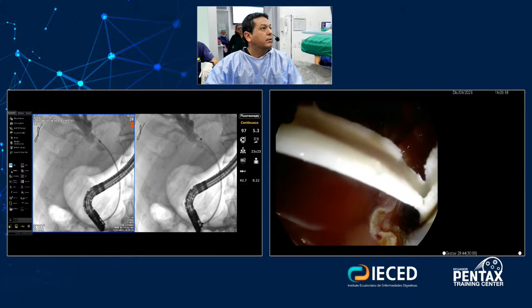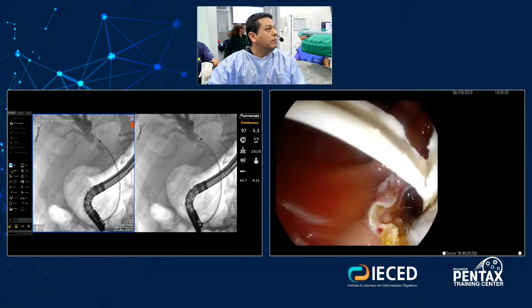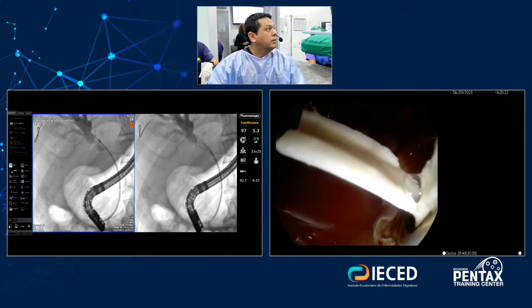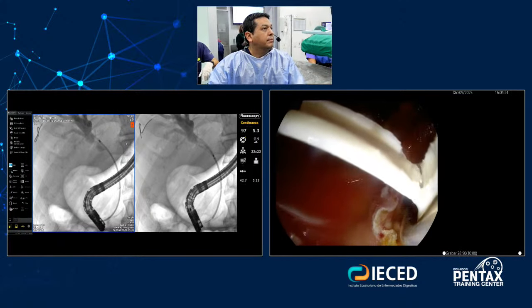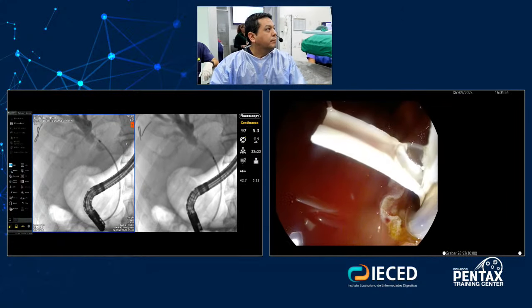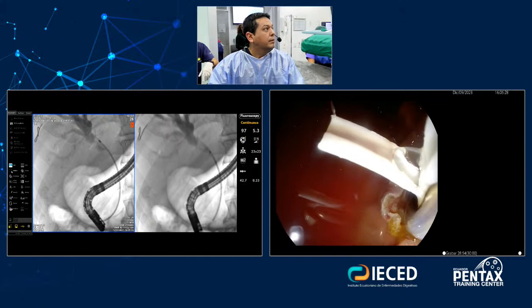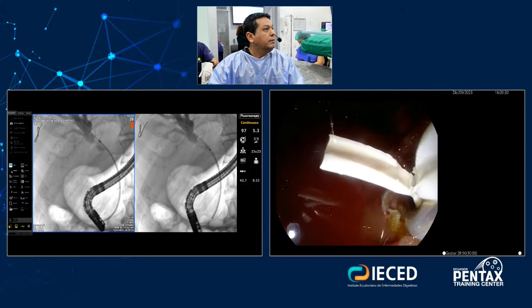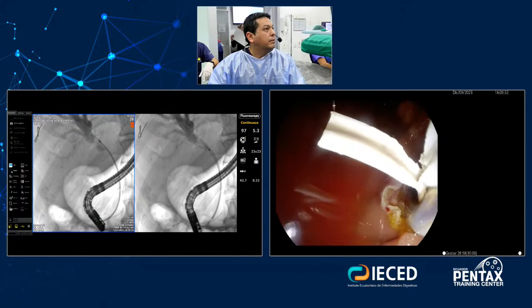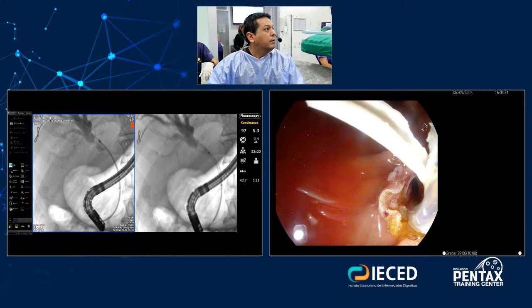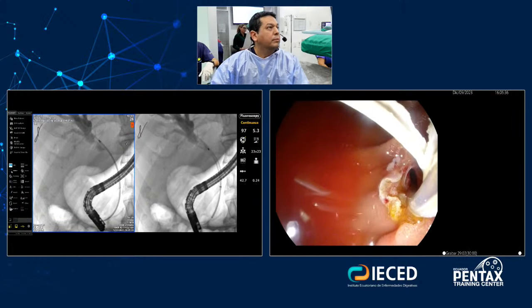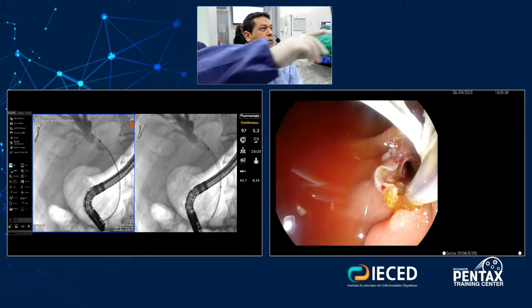Un segundo, retrocede. Recógelo de nuevo. So, now, ahora sí, comienza a abrir. Sigue. Sigue. Sigue. Sigue. Dame un segundo. Necesito retirarlo un poquito hacia afuera.